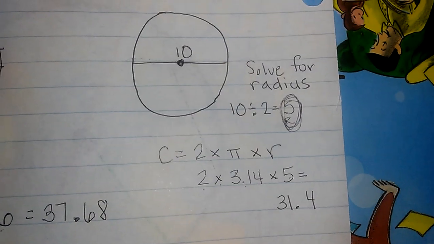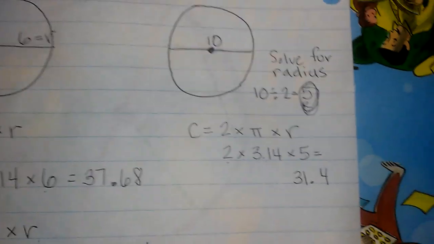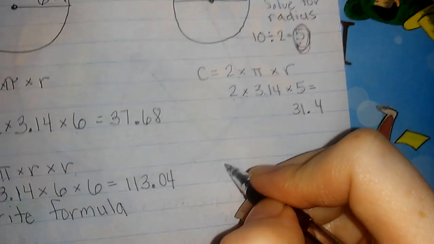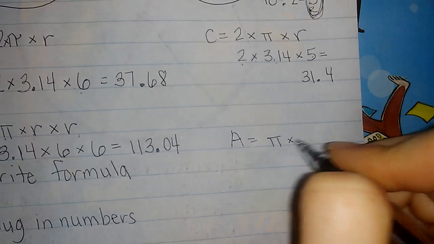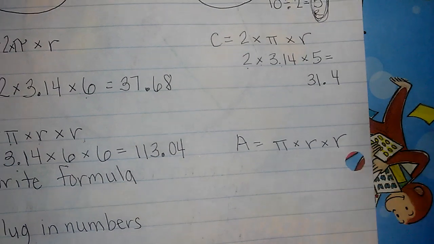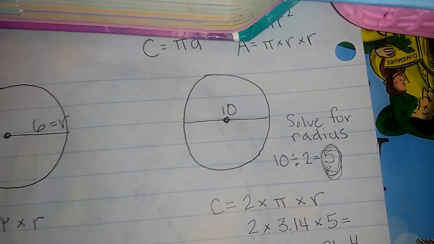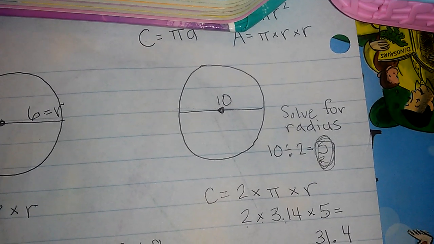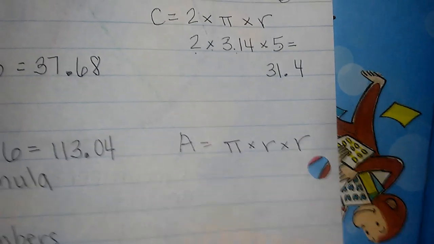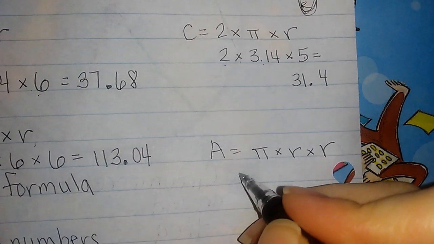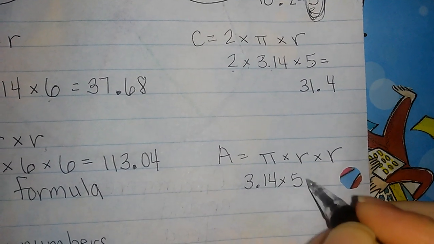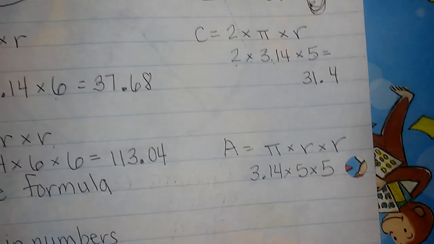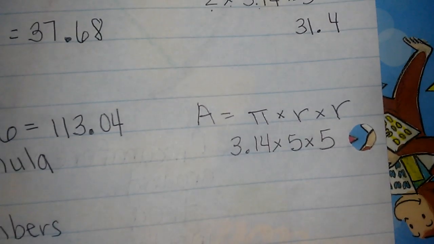Now I'm going to take my area formula, which is pi times r times r. Our radius was 5, and our pi is always 3.14. I'm going to plug that in: 3.14 times 5, and another 5 because we have 2 radiuses sitting there.